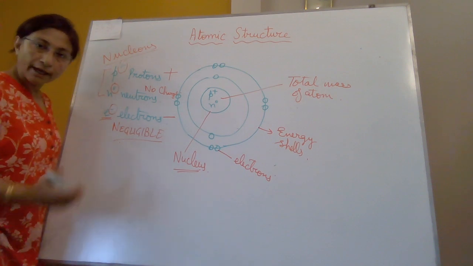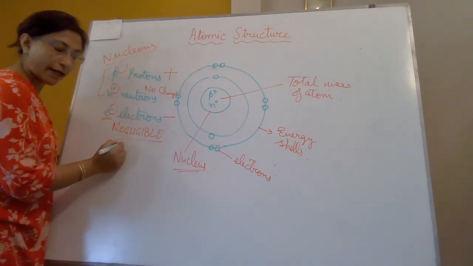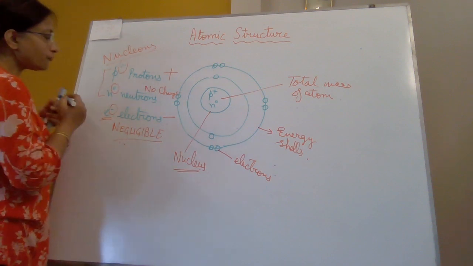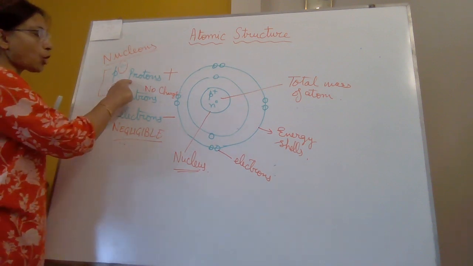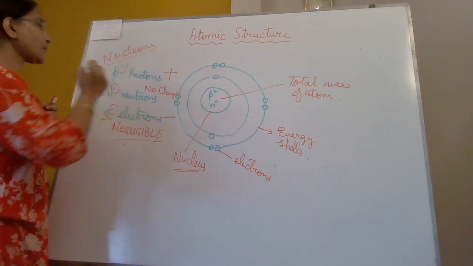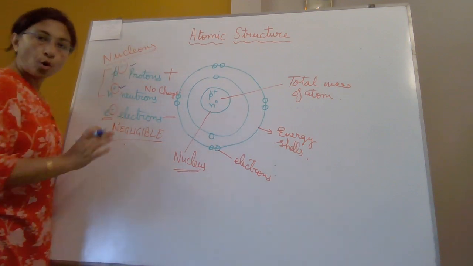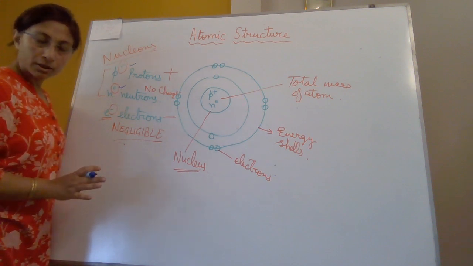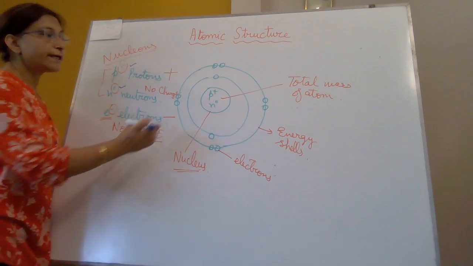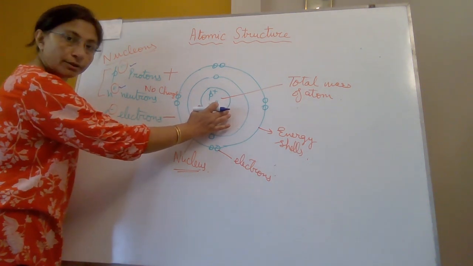They are so light, the electrons are so light that their mass is almost negligible. Whereas the mass of protons and the mass of neutrons, they are almost equal in mass. So whatever mass an atom represents is located inside the nucleus.